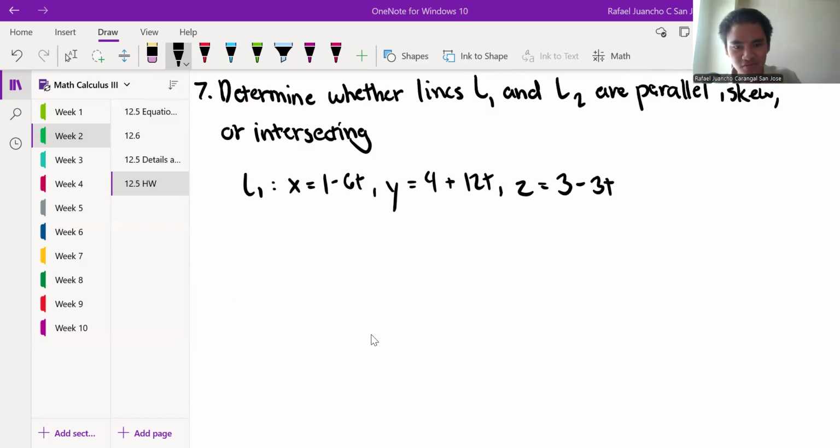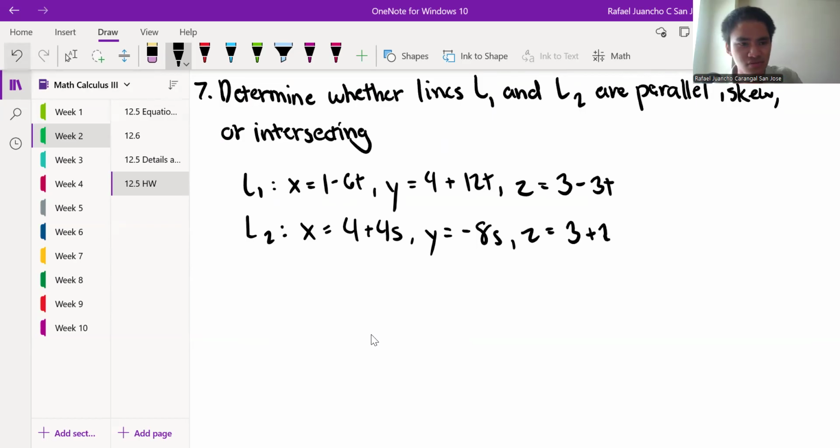And now for L2, line 2, x is 4 plus 4s. Let me check. y is equal to negative 8s. For z, 3 plus 2s. Okay, 3, yeah, and then y is negative 8s.